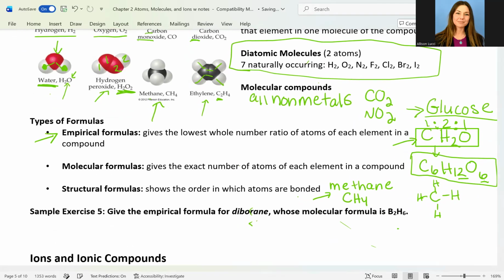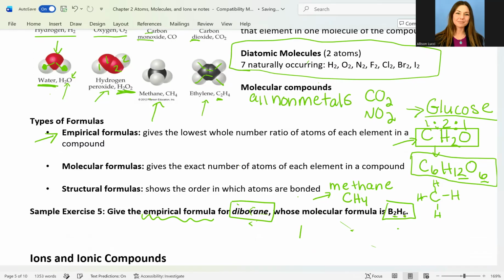And if we're given the molecular formula for what's called here diborane, and this is the molecular formula here, B2H6, we're asked to give the empirical formula. So just like we did with, or we saw with glucose there, we can divide the lowest integer, so 2, into all the other integers here.